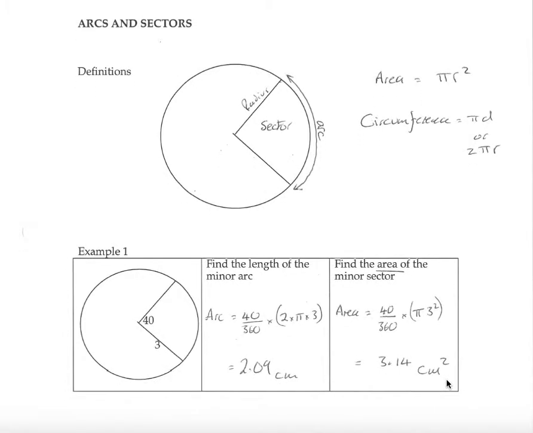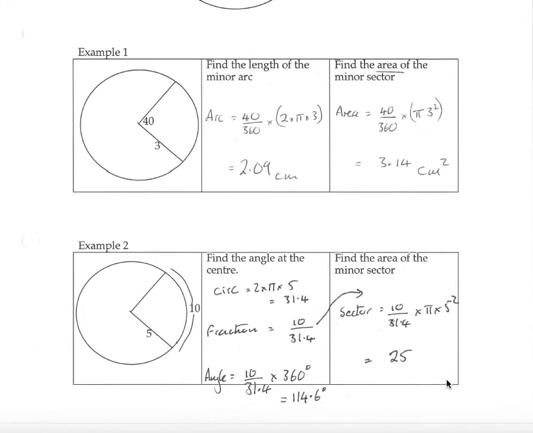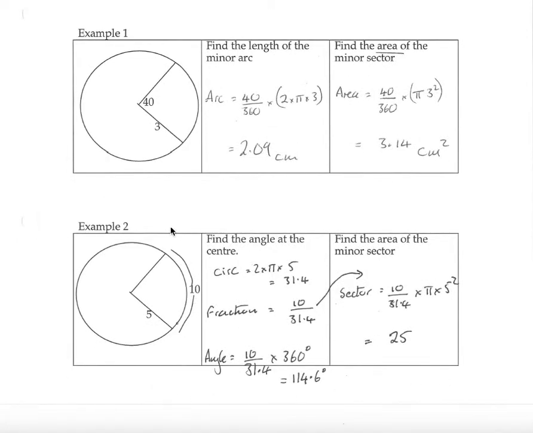Now what about if the initial information they're giving me is not about the angle, but about, let's say, the arc length? Well, the structure of the question is exactly the same. I've got to find the fraction of the circle that I'm dealing with. They've told me that the radius is 5, so I can work out that the circumference of the whole circle, 2 pi r, would be 31.4.